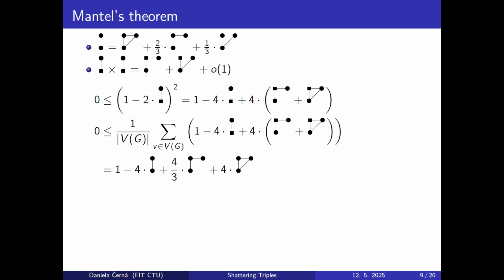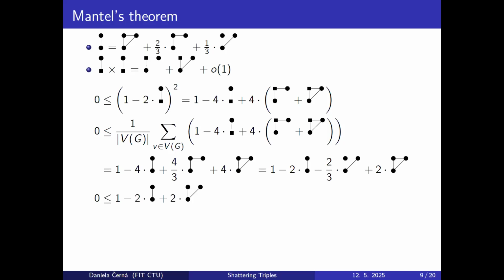And now I have written you again the equation for the density of edges, for which I will want to take this one and substitute it in here to get rid of the density of cherries. And if I do it, I will get this expression. And this part will always be negative because density is non-negative.